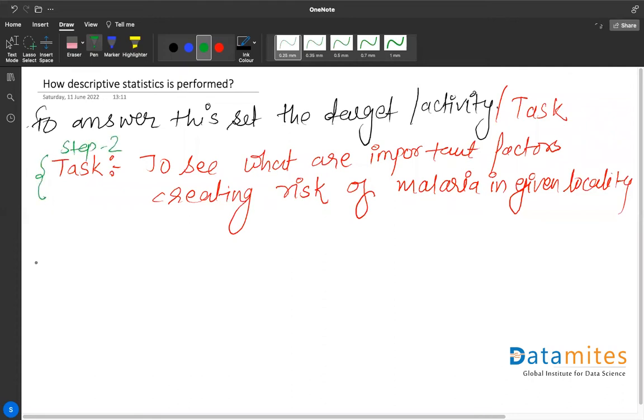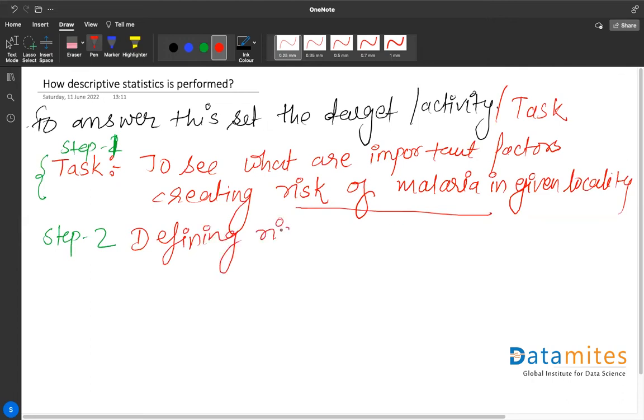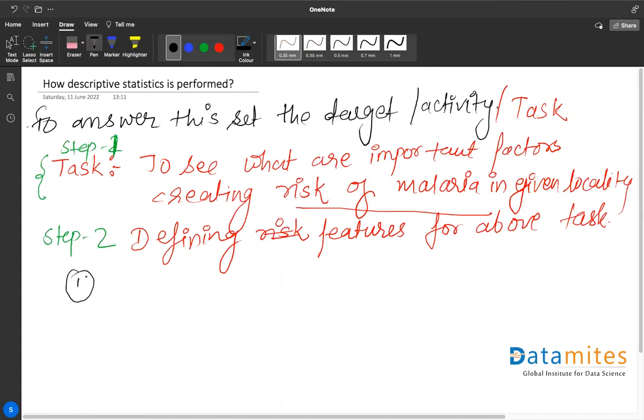Step 2 would be defining features. Now tell me, to do the risk analysis of malaria, what factors should you consider? What can be the features?